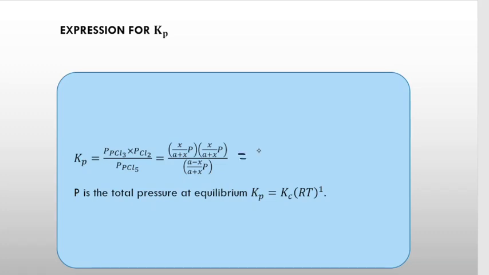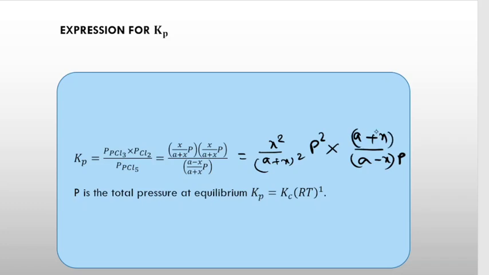Let's simplify now. X square by A plus X whole square into P square, and the denominator fraction we have to take reversed. So A plus X by A minus X into P. That P will be at the denominator itself, so I'm writing the P here.